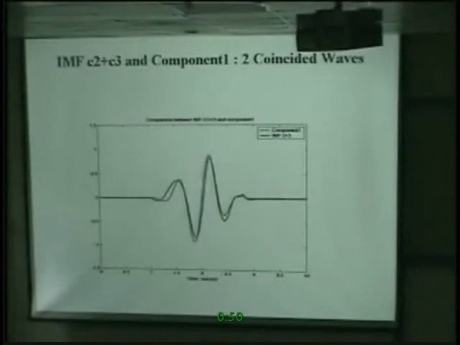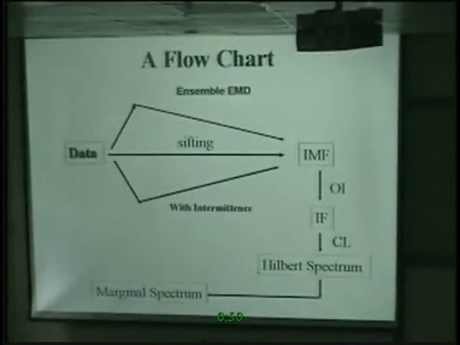And so right now, what we have is that we have data, we sift. We will have ensemble EMD, we have intermittency, we get IMF. We check the orthogonality index and compute the instantaneous frequency, which we'll talk about, and get the Hilbert spectrum.